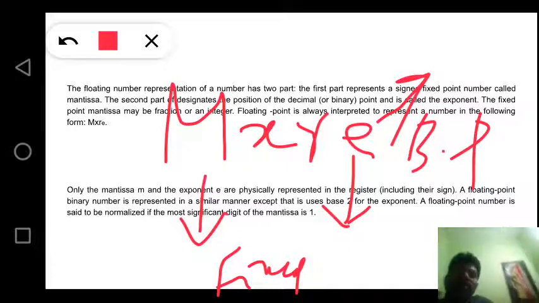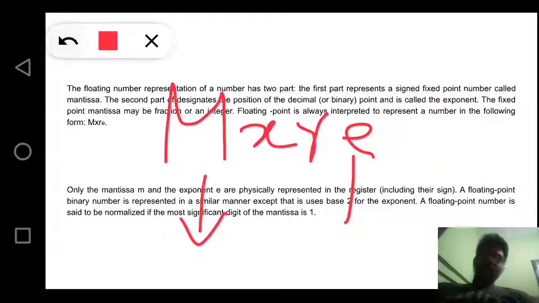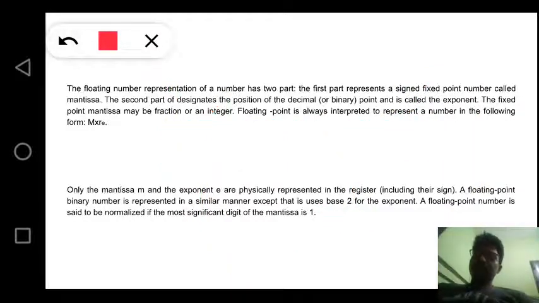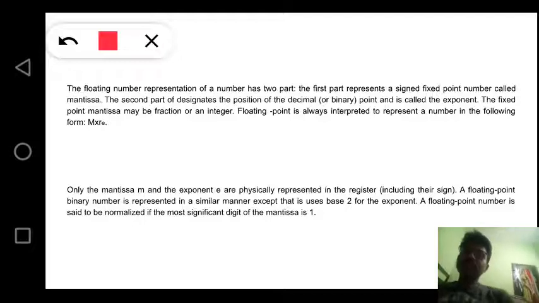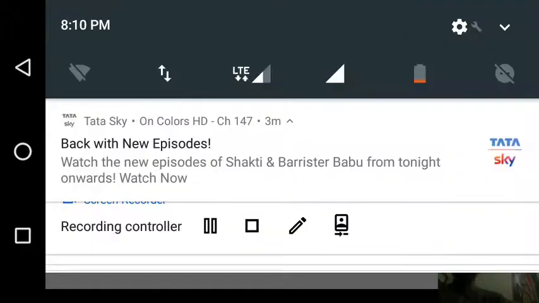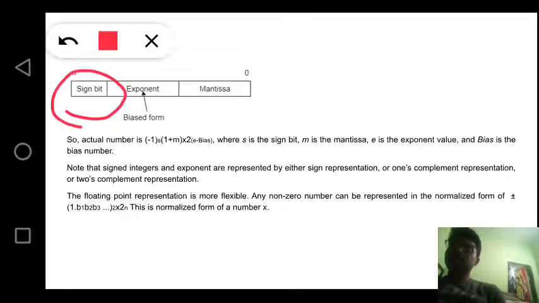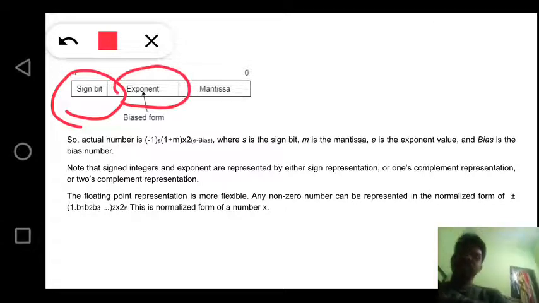Okay. I will give you a small example. Only the mantissa M and exponent E are physically represented. You will see an example. Let's take this example. This has sign bit, exponent and mantissa.